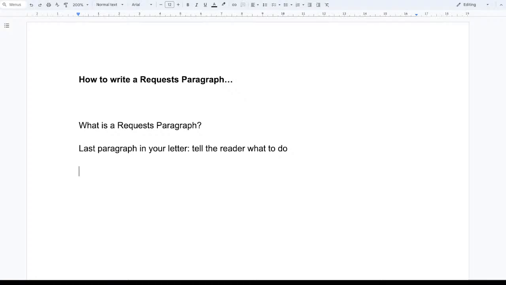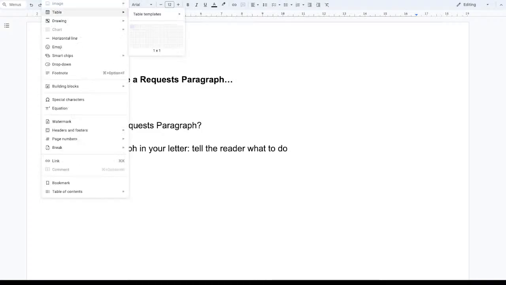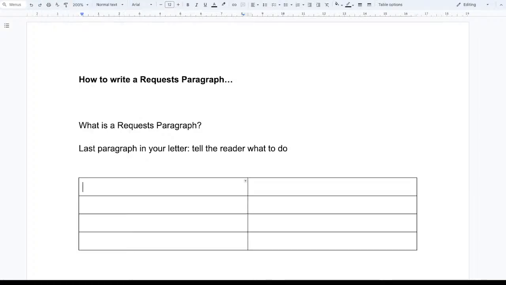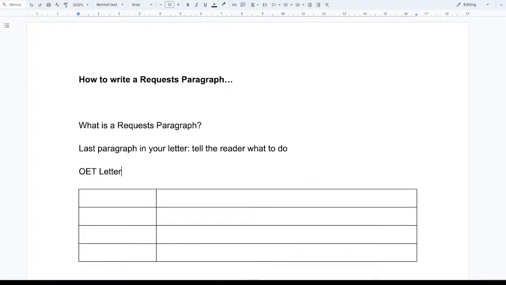So remember, an OET letter, guys, looks something like this. Let's put a table in here. Very generally speaking, an OET letter will have an introduction paragraph, and it's going to have right at the end a requests paragraph.